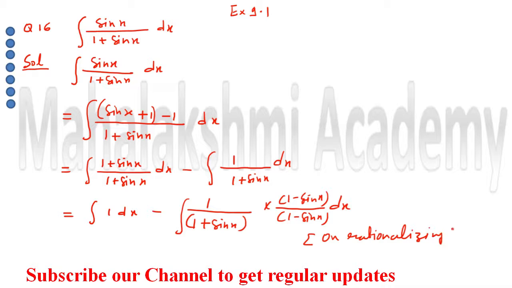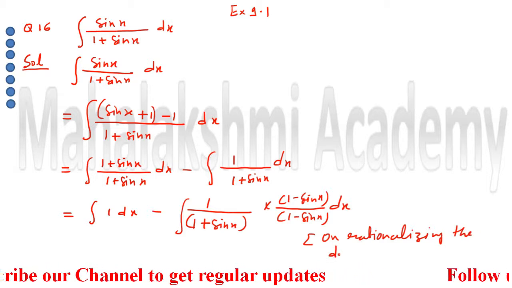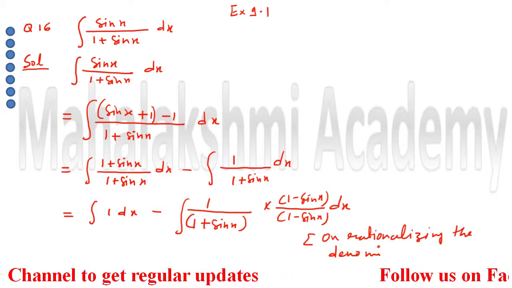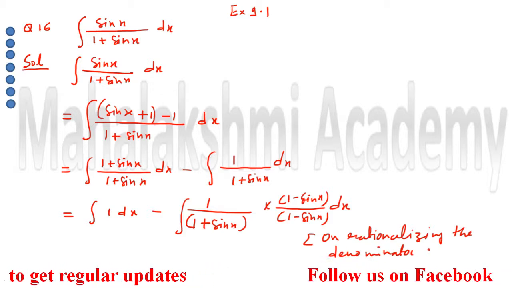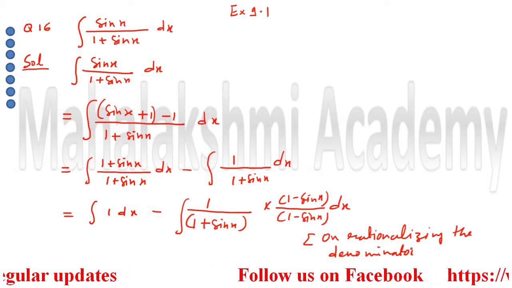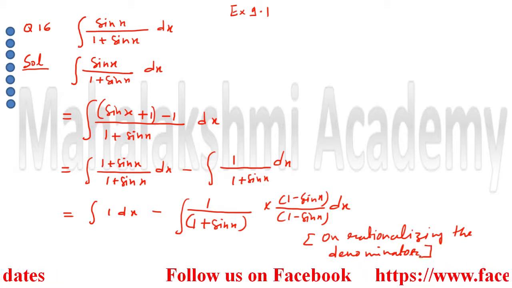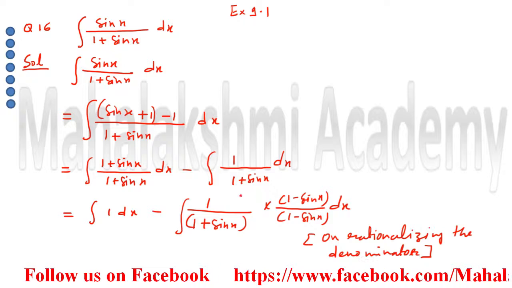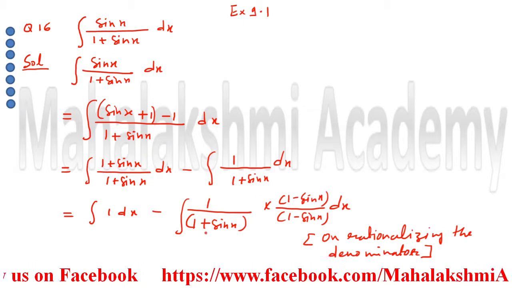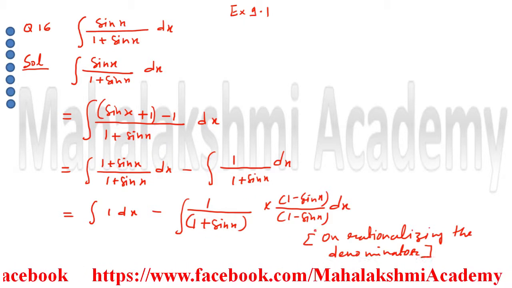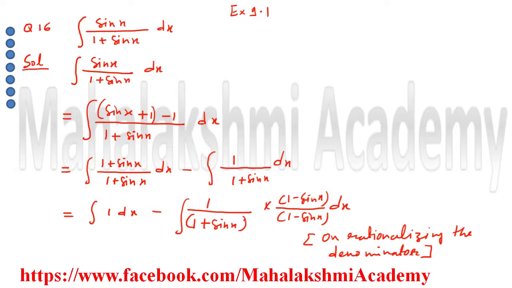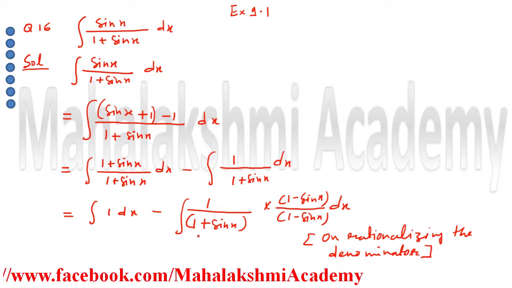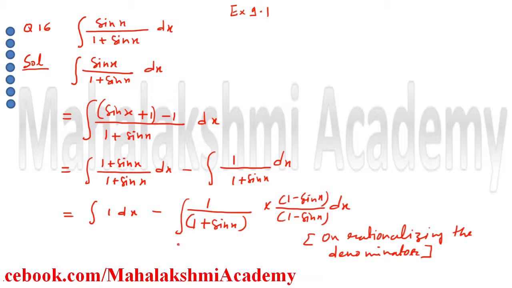So we have rationalized the denominator. Now after rationalizing, the bracket multiplied by 1 comes same to same in the numerator, and in the denominator it is in the form of a plus b, a minus b. So it is going to be in the format a square minus b square. So we will move to the next page.